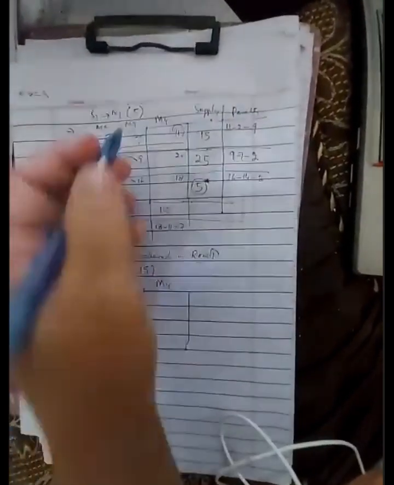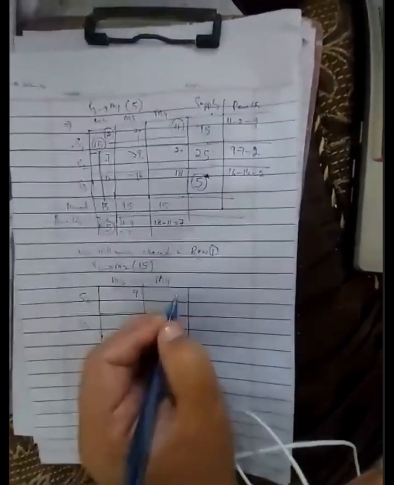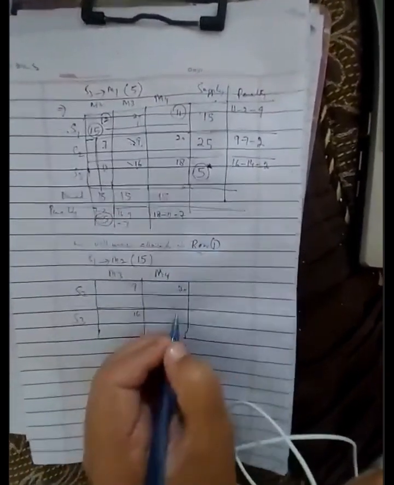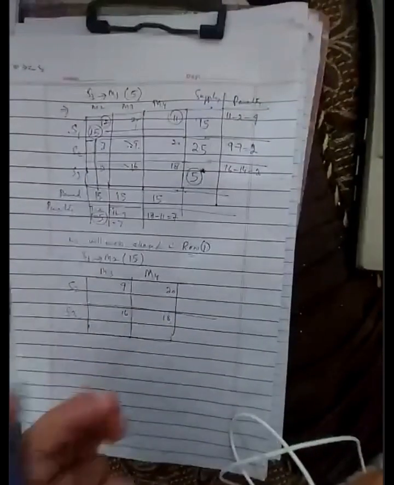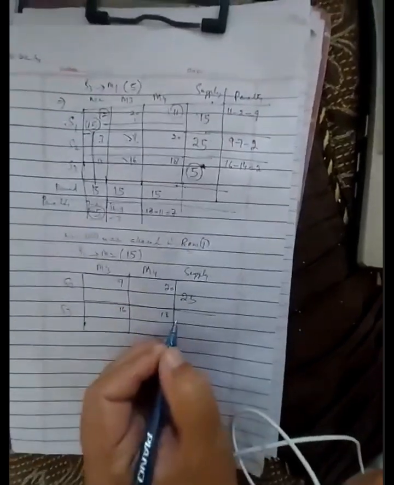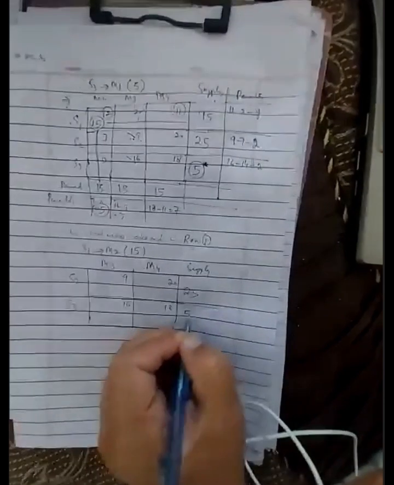Okay. Now for M3 and M4 and S2 and S3, the costs here are 9, 20, 16 and 18. And the supply or capacity for S2 is 25 and for S3 is 5.